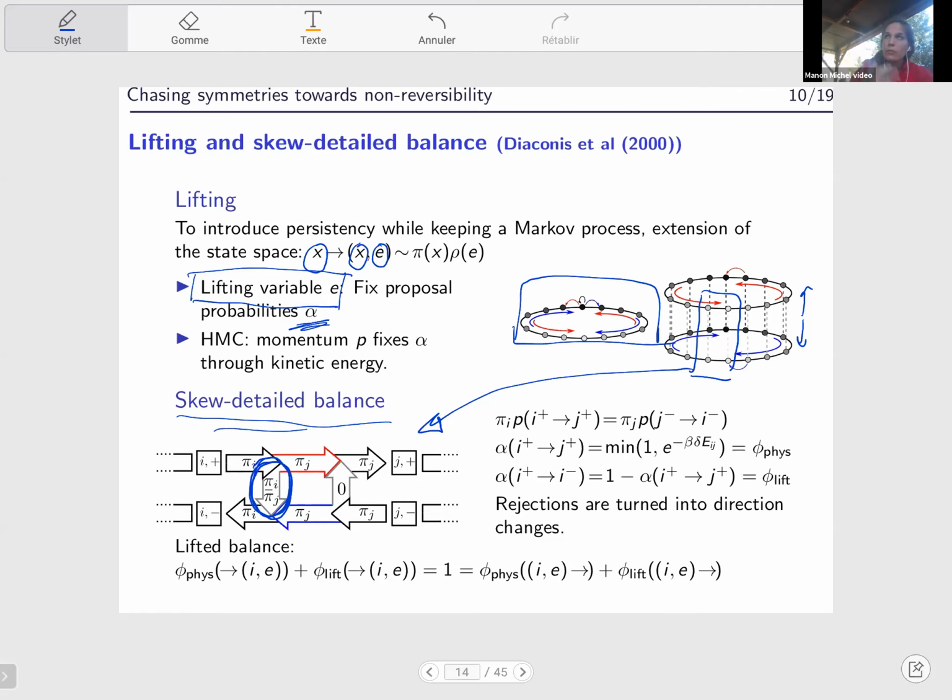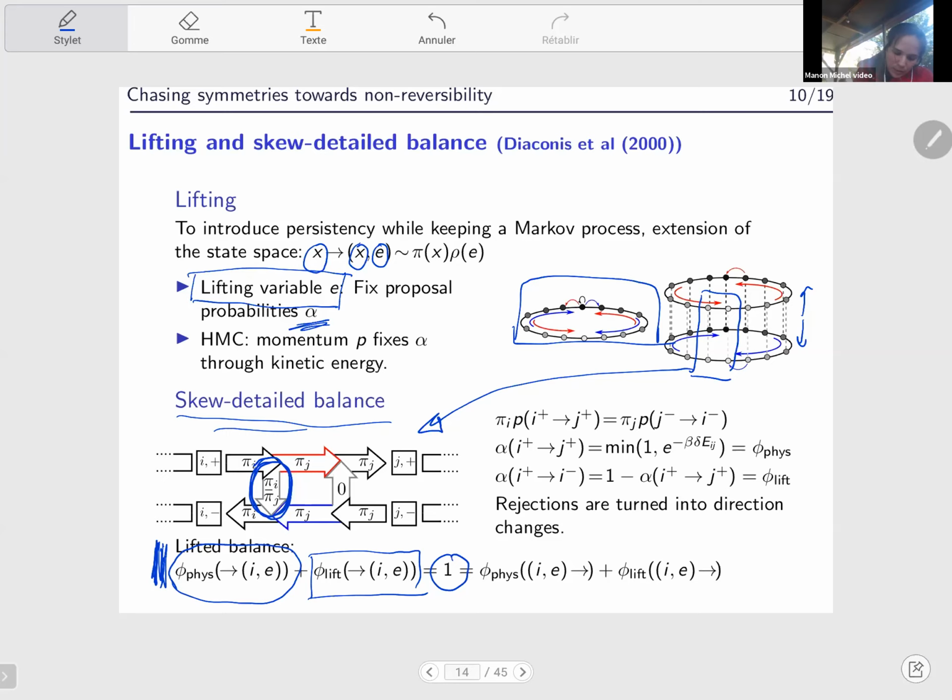Skew detailed balance can be understood as a lifted balance where, in each state, you need a compensation of what we call the physical flows, what is really happening inside the one replica, plus the lifting flows, the flow coming from the other replicas.